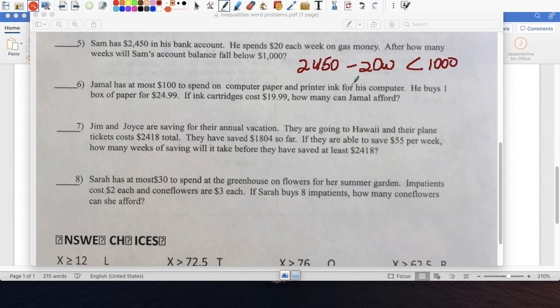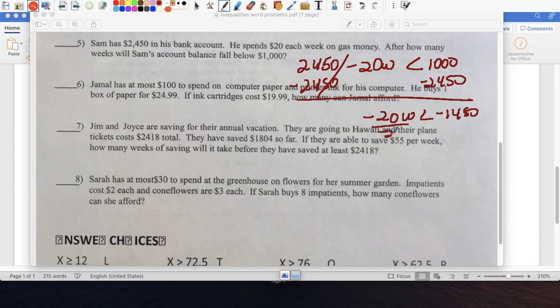Well, let's see. Minus 2,450. It goes negative 20W less than negative 1,450. We're going to divide both sides by negative 20. And W, well, we're dividing by a negative number, so we're going to switch the sign over. 1,450 divided by 20 is 72.5.